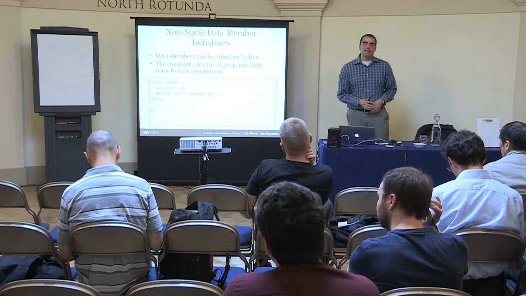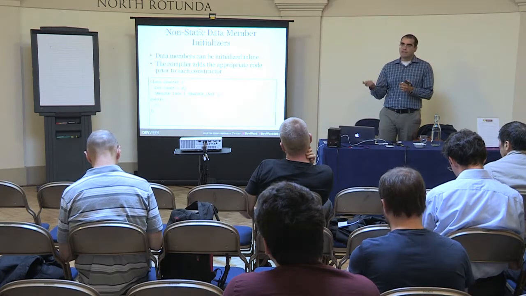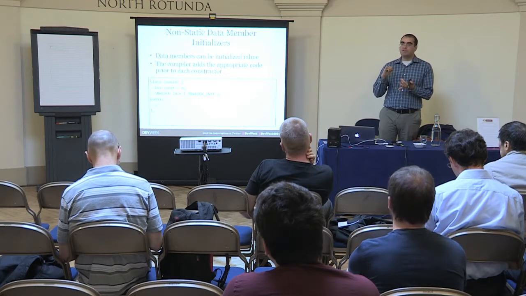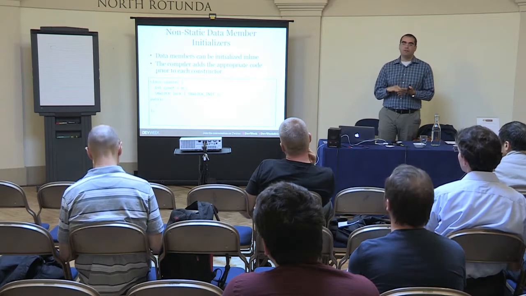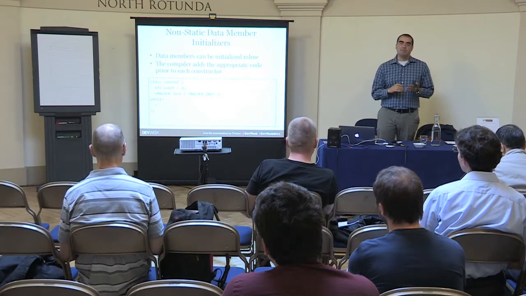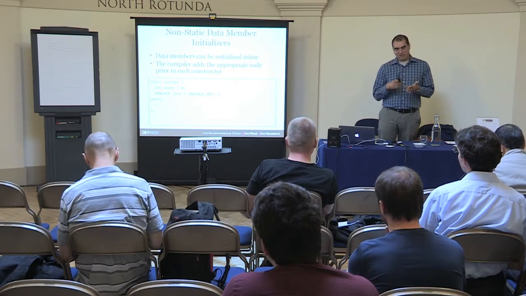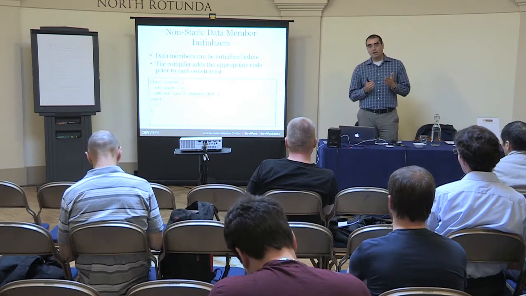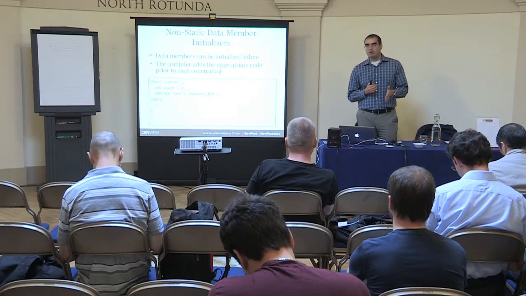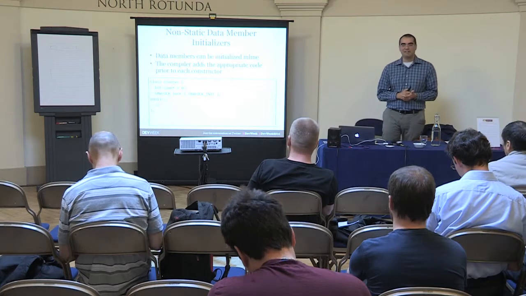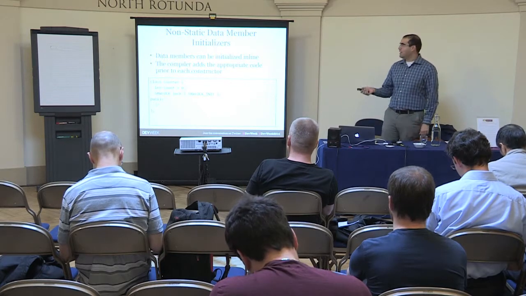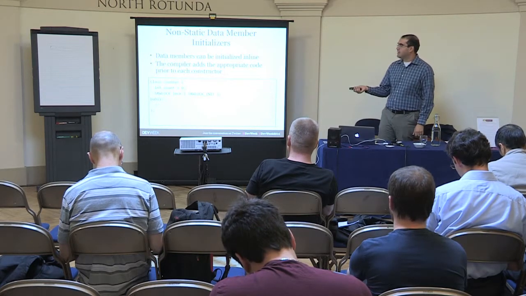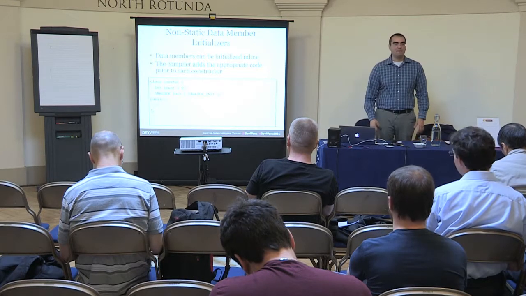We always had the syntax to initialize in place a const static integral field of a class. But this is really restrictive. In C++11, you can initialize non-static, non-const, non-integral fields of your classes inline, like this. Class counter, int count equals 0.